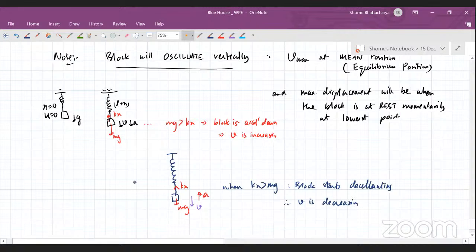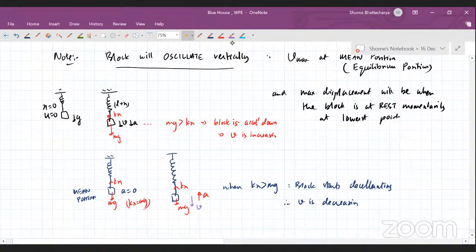Okay. But in between this position and this position, where the acceleration is upwards and the acceleration is downwards, it also, just for an instant, passes through what we call the mean position, where the acceleration is 0. It passes through the mean position of the oscillation, where for a moment, kx is equal to mg.